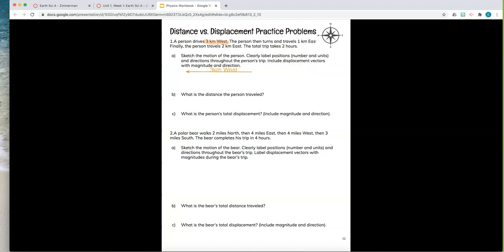And then we're going to look at the next leg of the trip, or the next travel distance, which is going to be 1 kilometer east. So if I'm starting at this point and I go 3 kilometers west, and then my next direction puts me at 1 kilometer east, I'm basically going back on the same line. So we're going to put that label. That's 1 kilometer east.